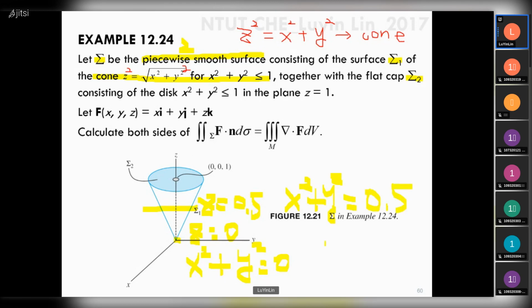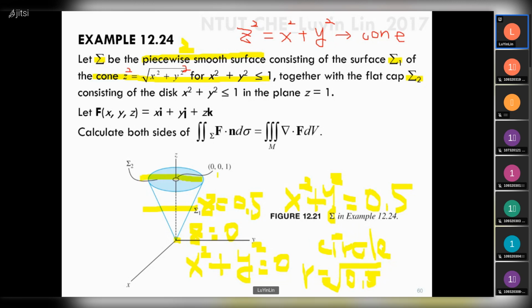So it is a circle with the radius equal to square root of 0.5, right? Okay. So at the plane z equal to 0, it is only a point 0, 0, 0. At the plane z equal to 0.5, it is a circle. The radius is square root of 0.5.